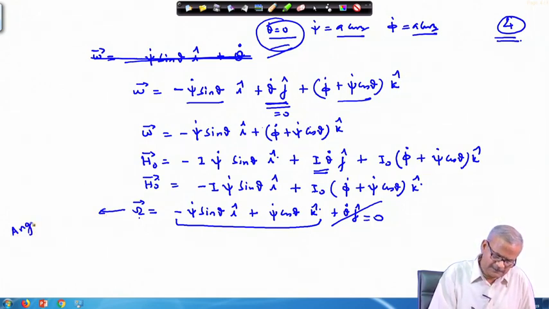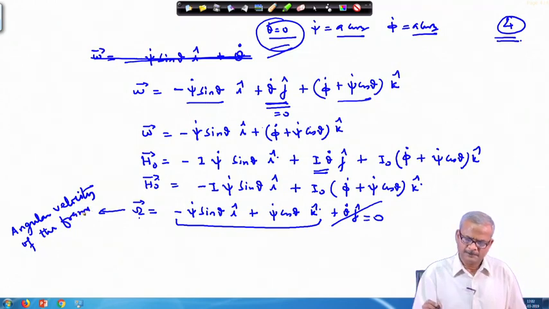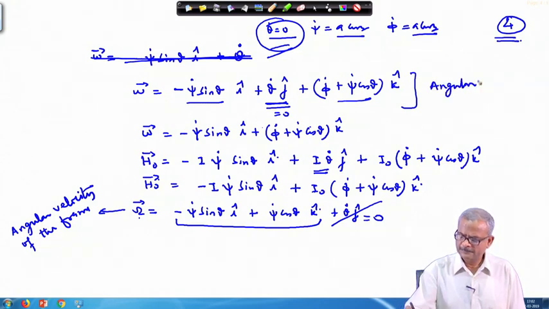This is the angular velocity of the frame, and this is the angular velocity of the disc or the cylinder.